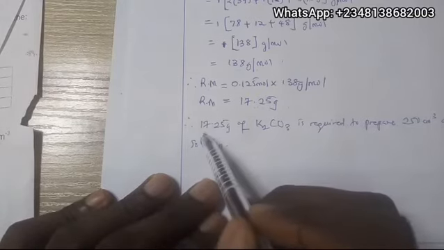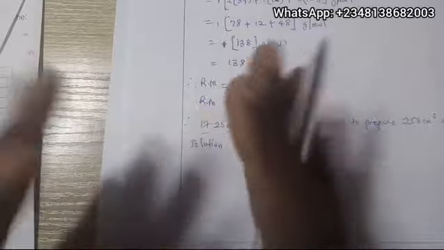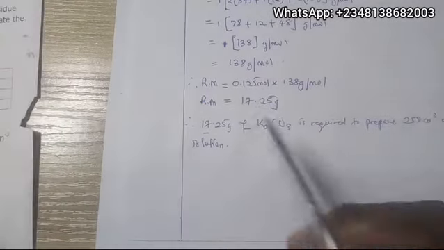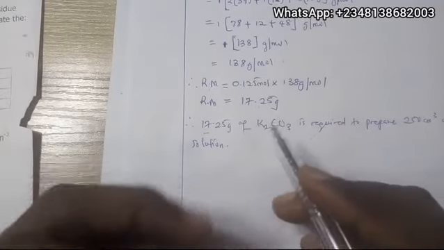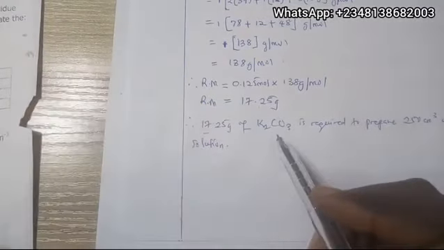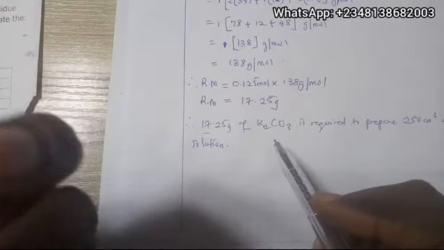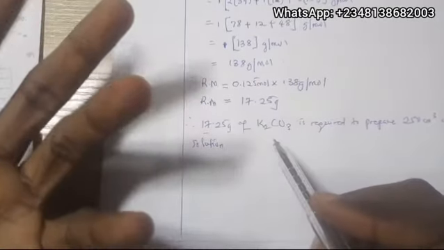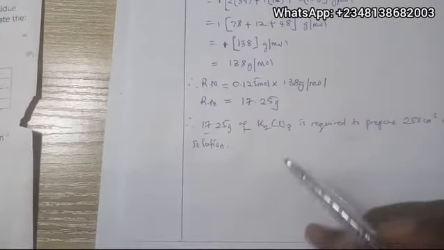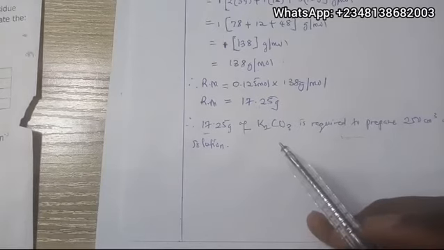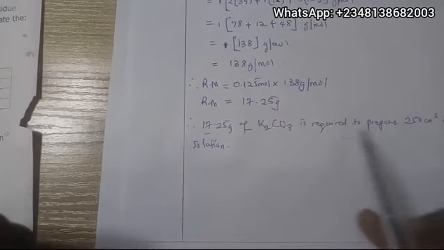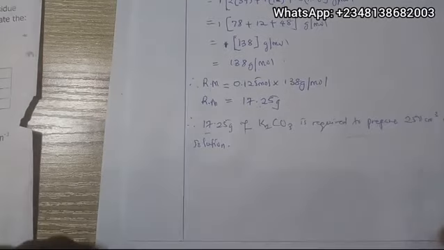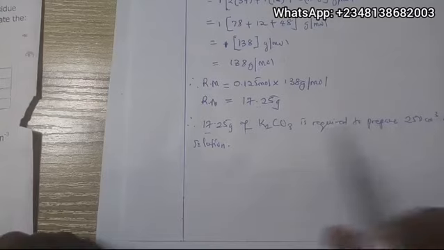So this is the answer. That means if you want to prepare this solution, you weigh 17.25 gram of potassium trioxocarbonate(IV), then get, say, 50 cm³ of water or 100 cm³ of water, dissolve this in the water to form a solution, then make it up to 250 cm³ and shake it well. This solution will have a molarity of 0.5 mole per dm³.